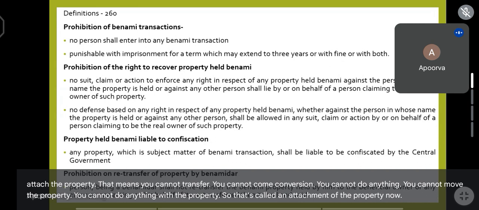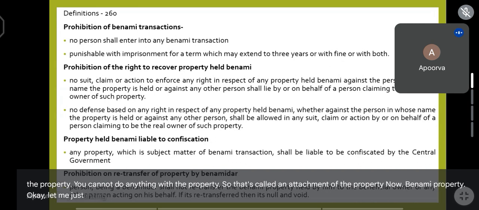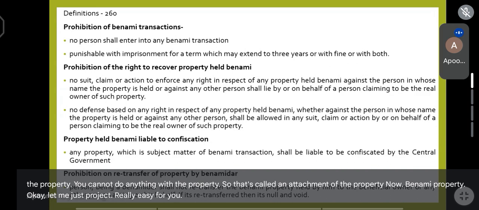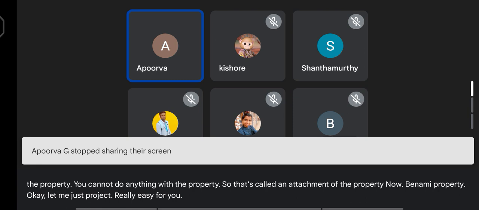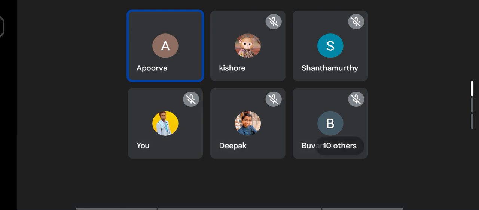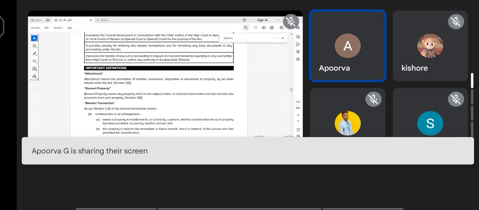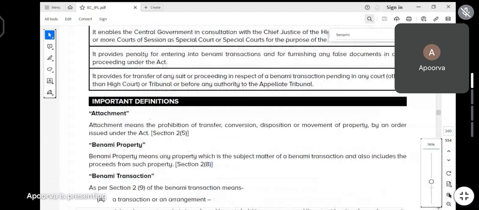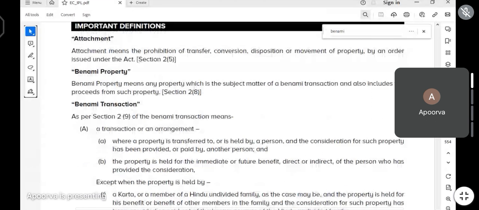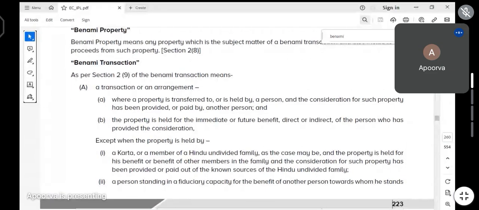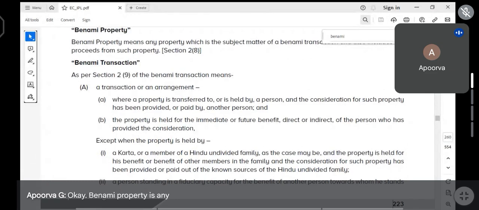Now, Benami property. Okay, let me just project it. It will be easy. Benami property is any property which is subject to the Benami transaction.